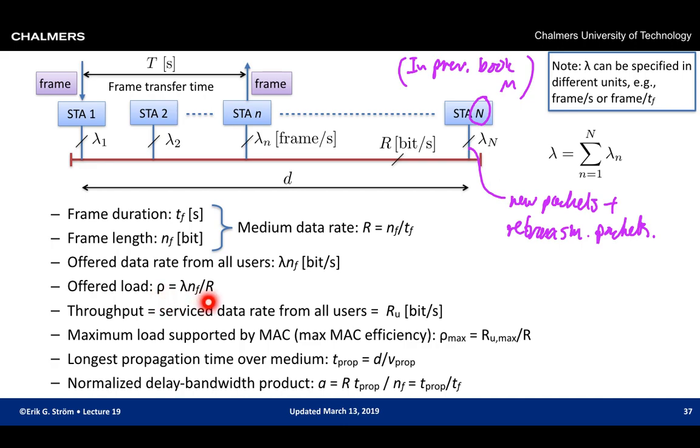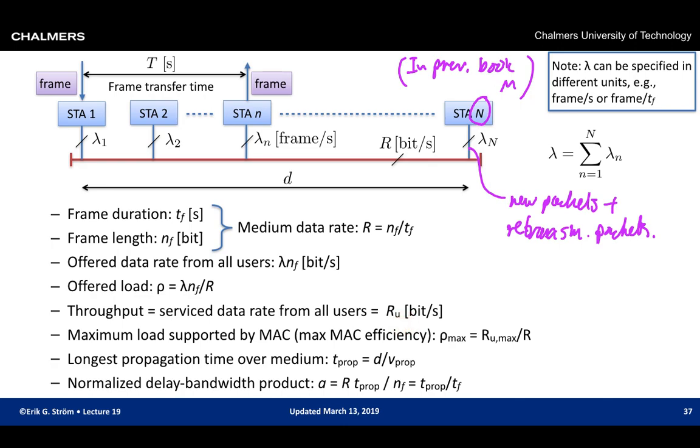This offered load could sometimes be supported by the medium and sometimes not. There is a maximum value that the medium can support, and it depends on how smart the medium access control is. The throughput is the service data rate from all the users, which is RU bits per second.